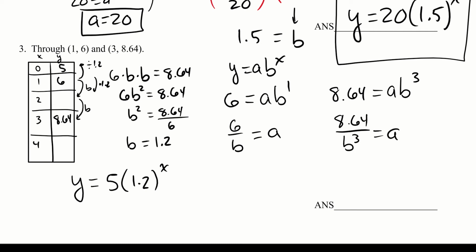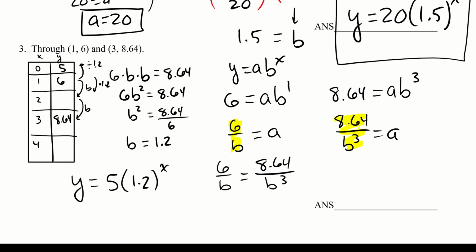So if I take this expression, which equals a, and this expression, which equals a, and I set them equal to each other, that's going to allow me to solve for b. So I could just write 6 over b equals 8.64 over b to the third.